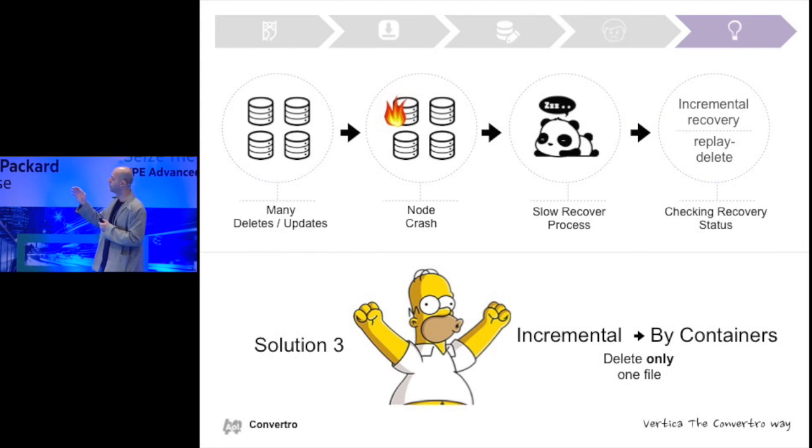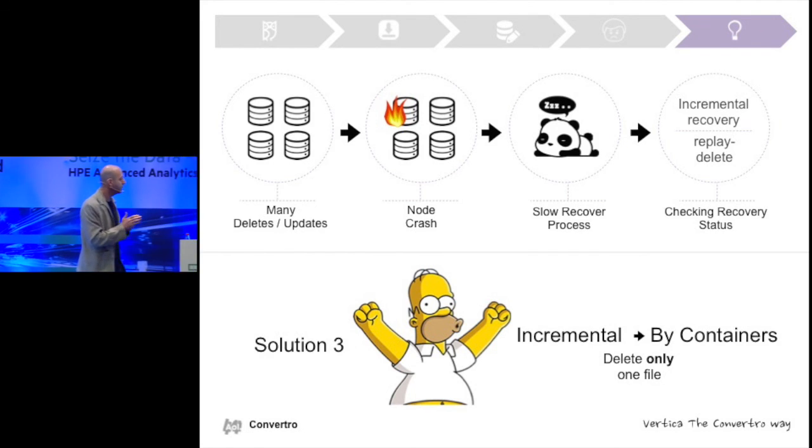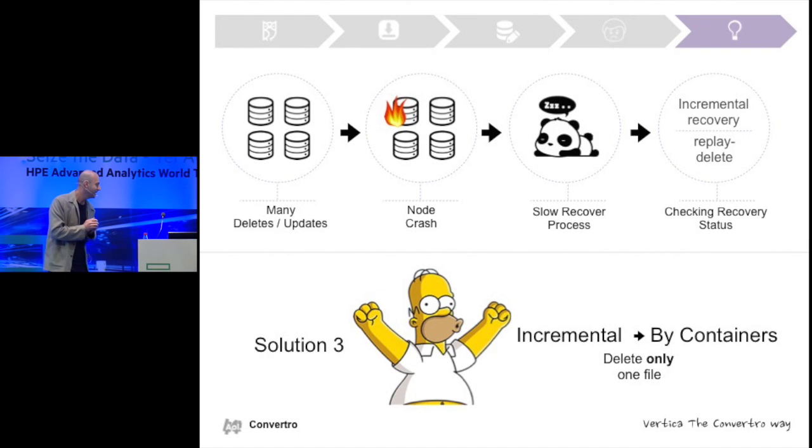Then you go to the crashed node and remove just one file from it. Once you restart the recovery, Vertica will see that something is wrong there, and it will switch from a delta or incremental recovery to recovery by container, and it will only recover this table or projection. It will be pretty fast. So you can use it. Try it in development first.